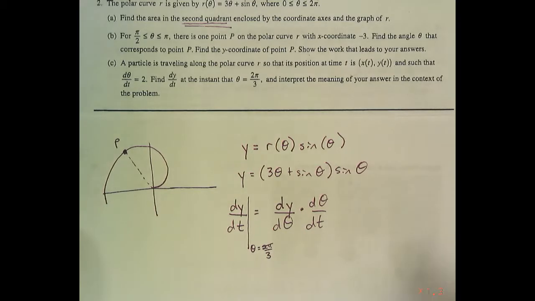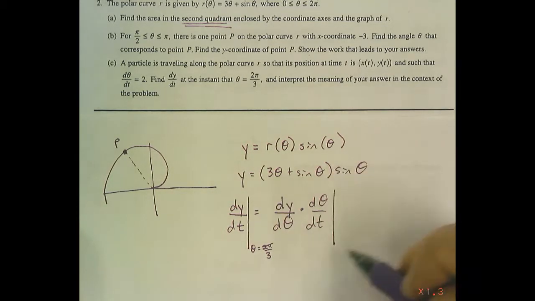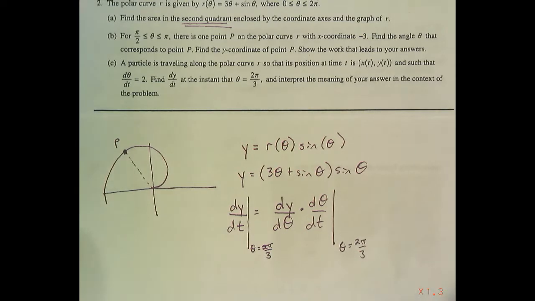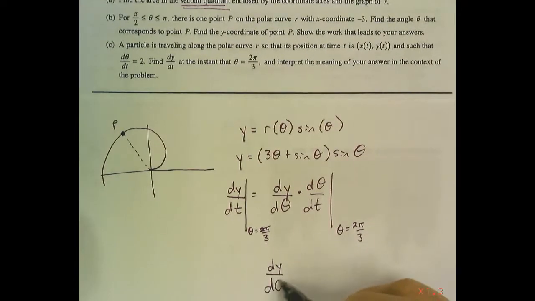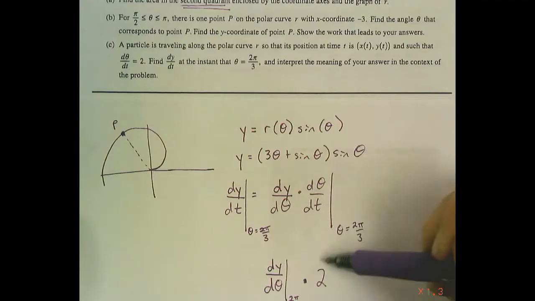So we're going to evaluate this expression when theta is 2 pi thirds. They give us the fact that d theta/dt is 2. So all we need to do is find dy/d theta at 2 pi thirds and multiply that by a value of 2, because they provide us this number in the problem.